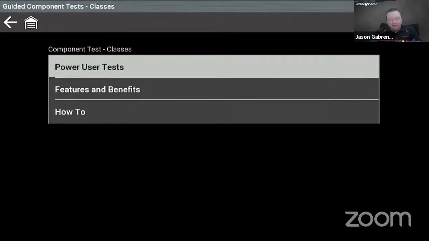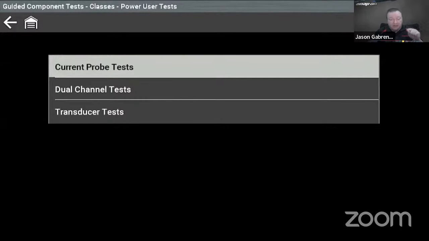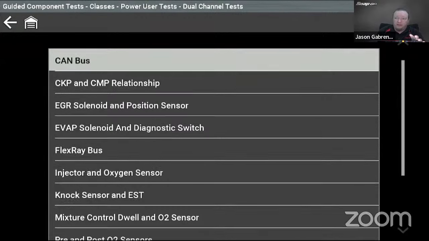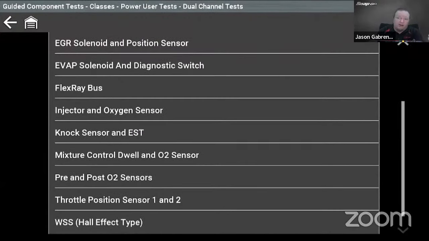If we go into power user tests, there are dual channel tests in there. If we look at the second test right there, we can see multiple different generalized tests. This is not a vehicle specific test. It has generalized tests like CAN bus, cam and crank relationship, EGR solenoid, FlexRay bus, injector and oxygen sensor, and throttle position sensors 1 and 2, because we have 2 throttle sensors, right?